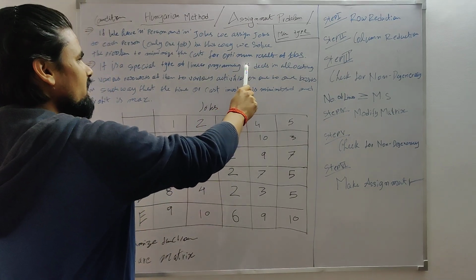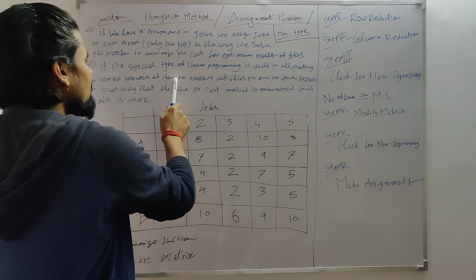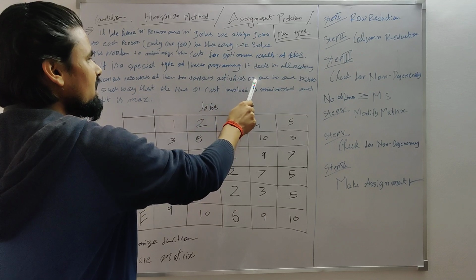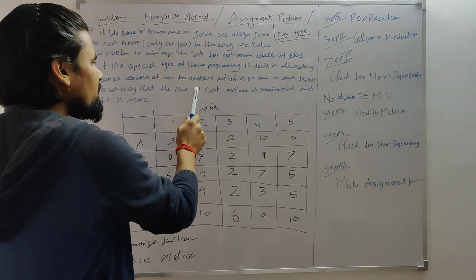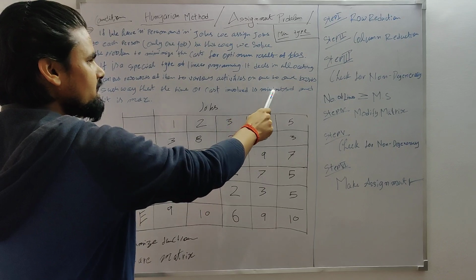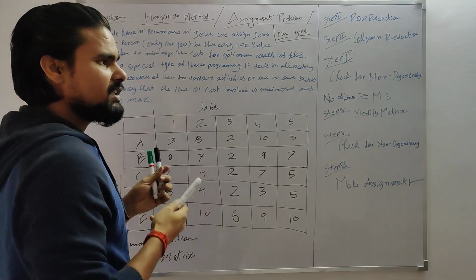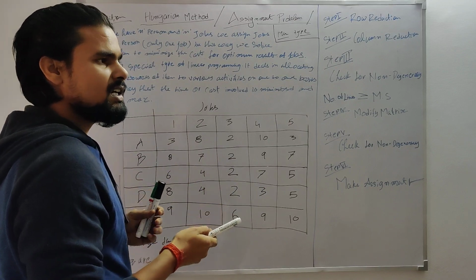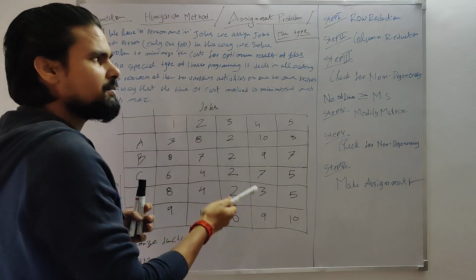It deals with allocating the various resources or items to various activities on a one-to-one basis in such a way that the time or cost involved is minimized and the profit is maximized. That we get the optimum result by using the minimum time or minimum cost.